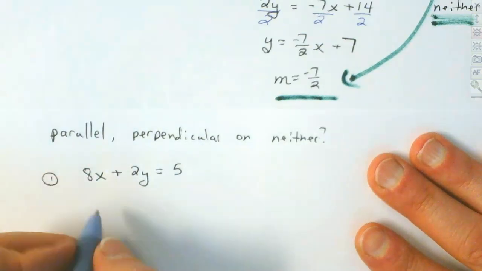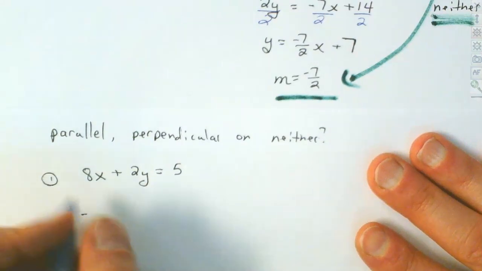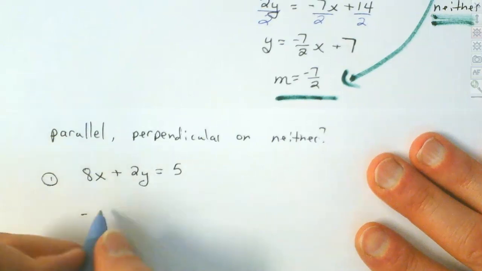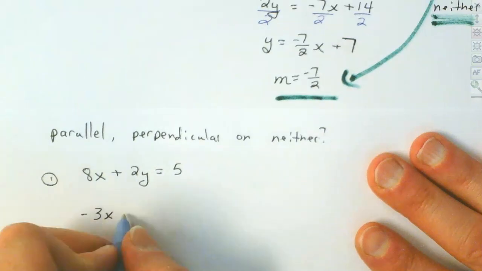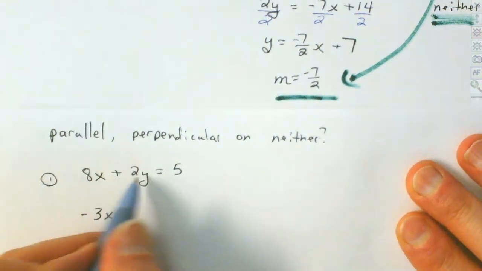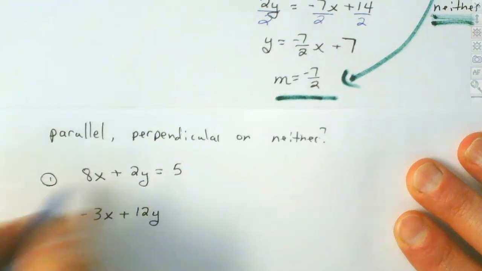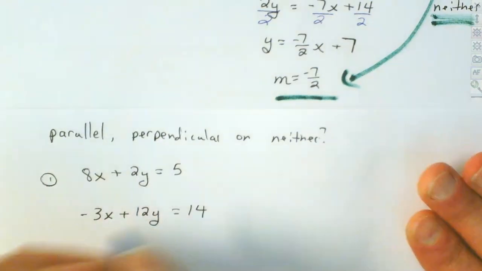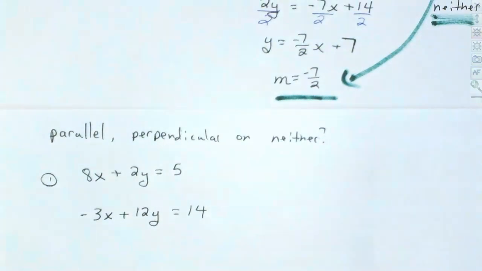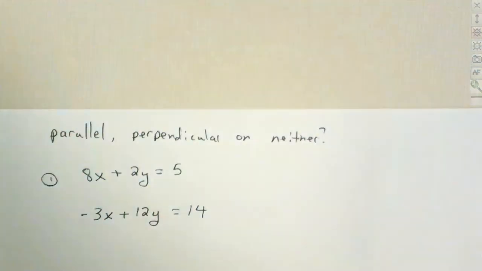And then what about we have negative 3x plus 12y equals 14. So we're going to compare these, and we're going to, again, see if these are parallel, if they are perpendicular, or if they are neither.